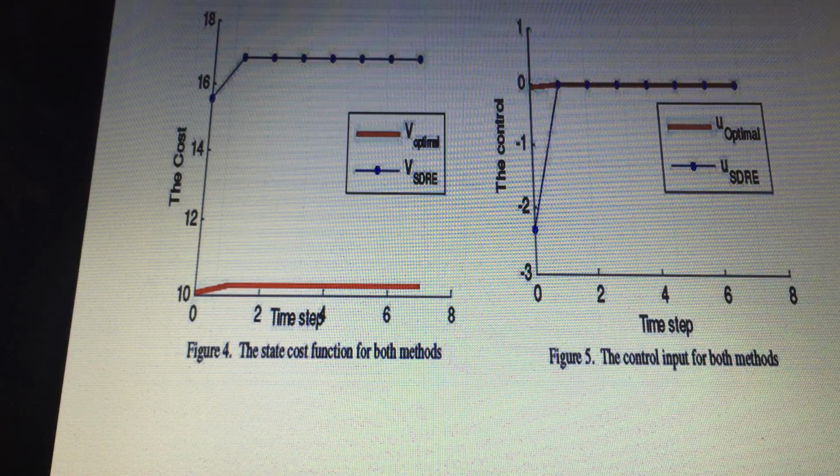So the HDP is a good way to find the feedback controls for the corresponding discrete-time HJB equations.